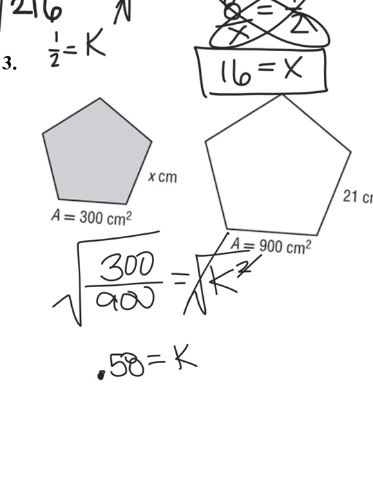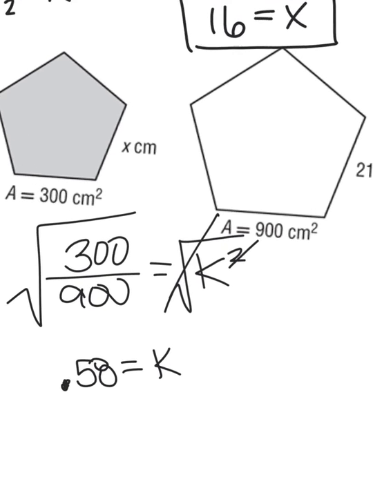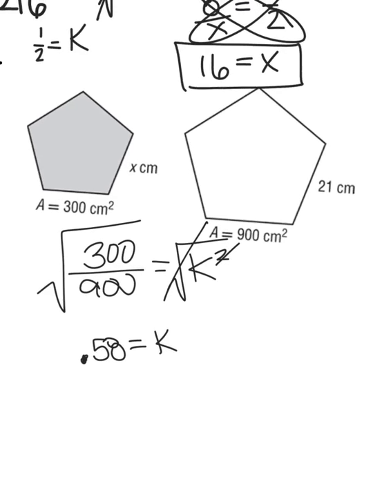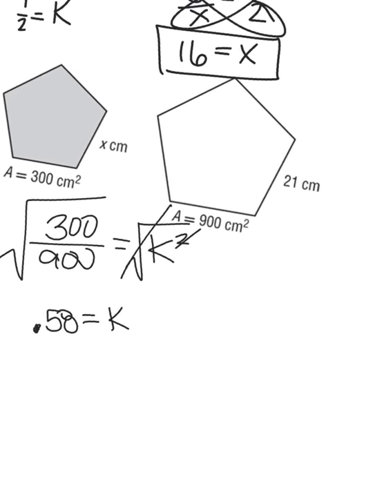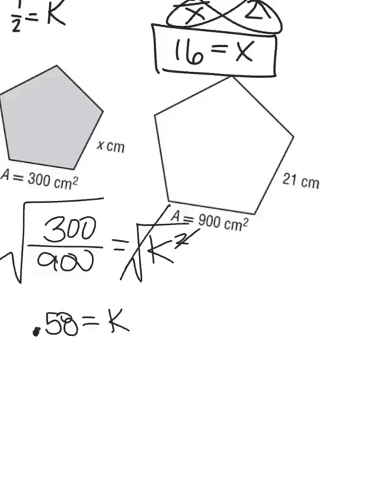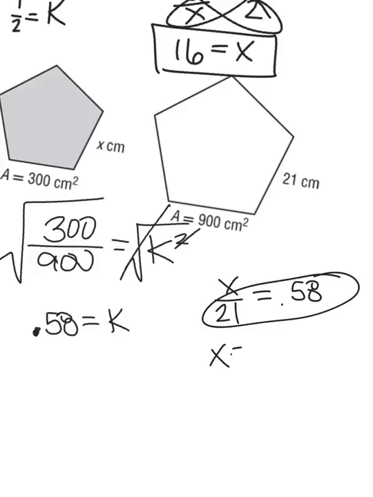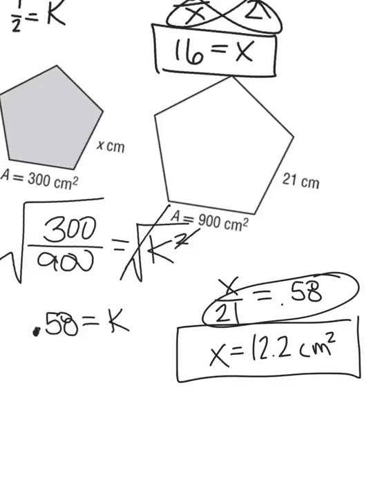So if I compare the sides, I have x over 21 equals my scale factor. Okay, cross multiply, x equals 12.2 centimeters. Here's my answer. Okay, this is going to wrap up our 11-5.